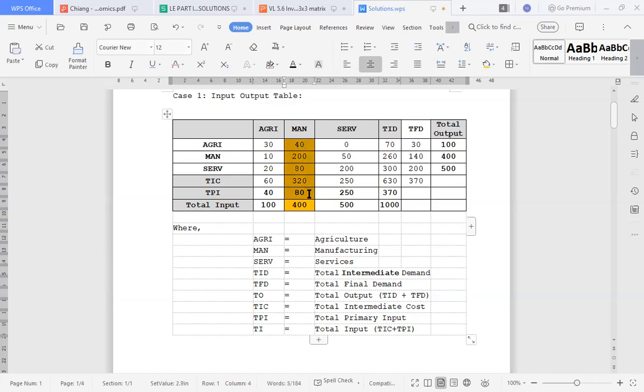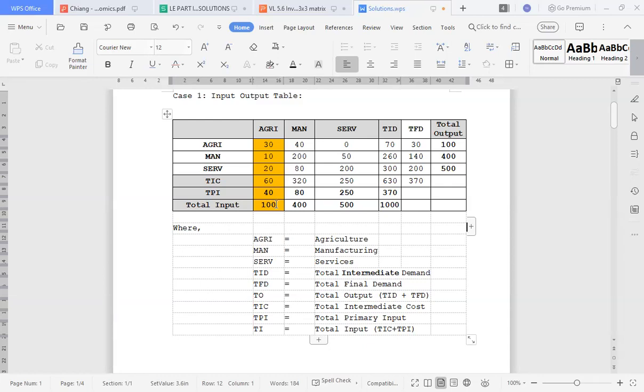Okay, let's do the same for the other two. So for agriculture, in order to produce, the agricultural sector will need to use an input worth 100 billion.